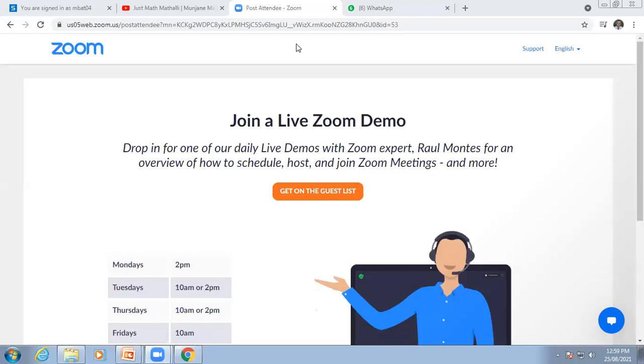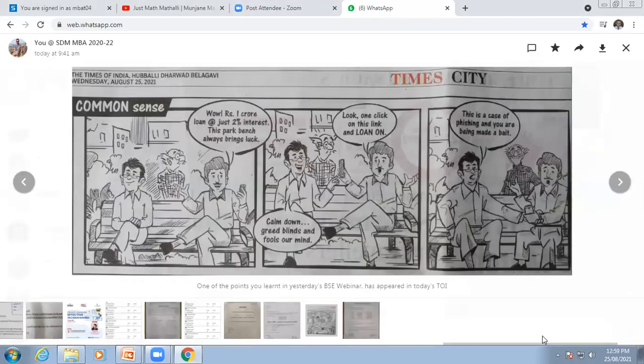Yeah, so here I'll make a new share. Students, can you see this cartoon? I shared it in the group also, from today's Times of India. It is talking about a phishing mail or message.